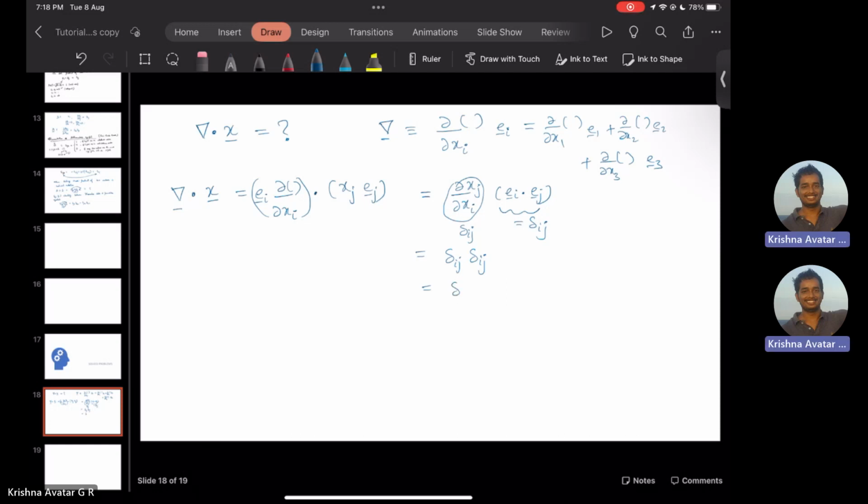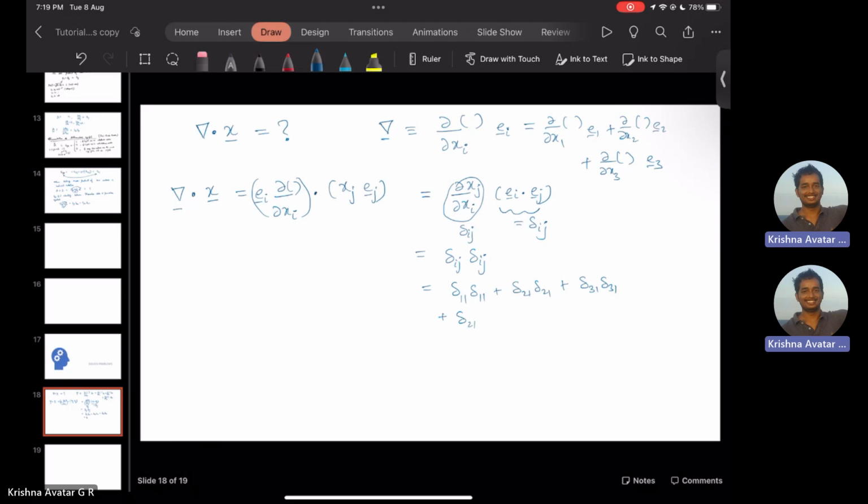Say now we'll keep j fixed and let i vary. So we'll have delta 1 1 delta 1 1 plus delta 2 1 delta 2 1 plus delta 3 1 delta 3 1. Then we'll have j fixed to be 2.